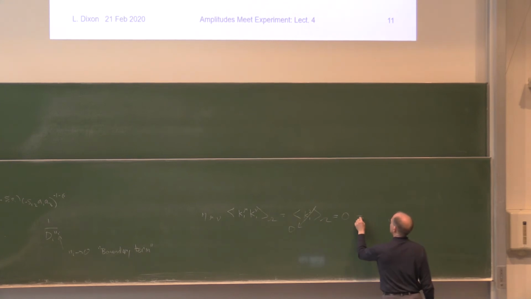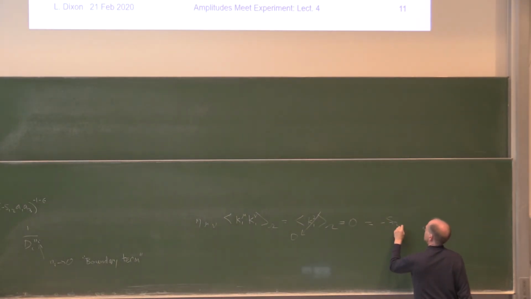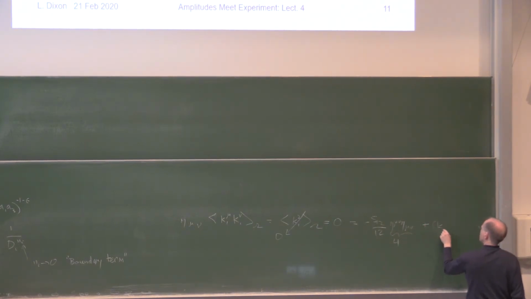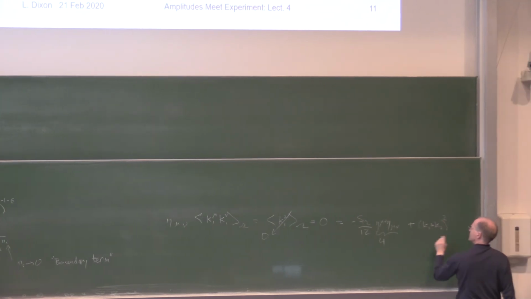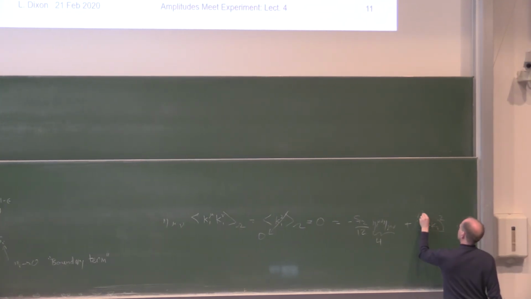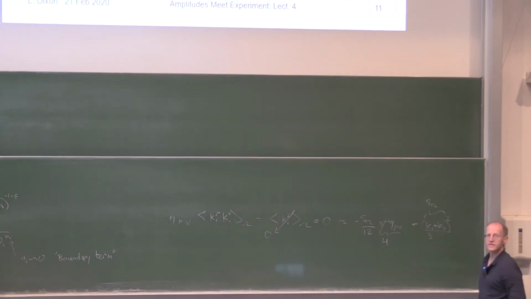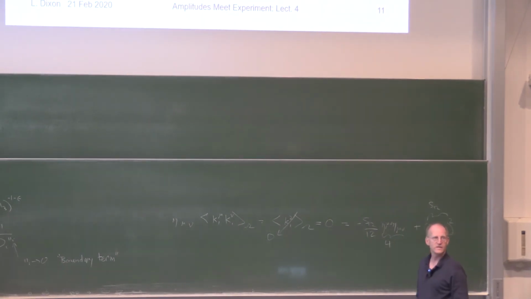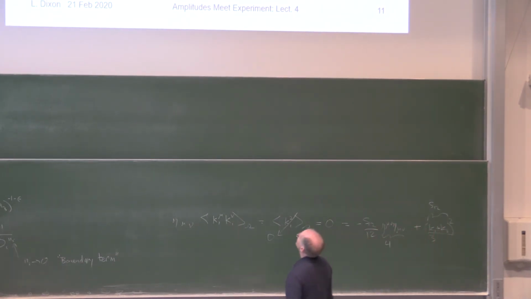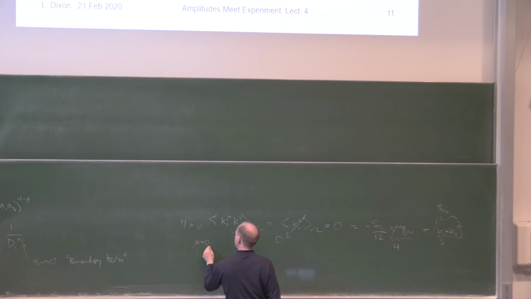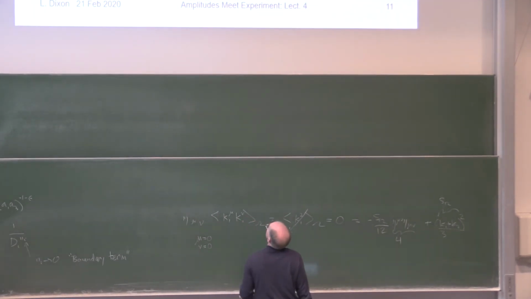And on the other hand, it's minus S12 over 12 times eta mu nu, eta mu mu, which is just 4, plus k12 squared over 3, and this is S12 also. So you see the relative coefficient there is dictated by this constraint, that these are 0. And then to get the overall normalization, you can just set mu equals 0 and nu equals 0.